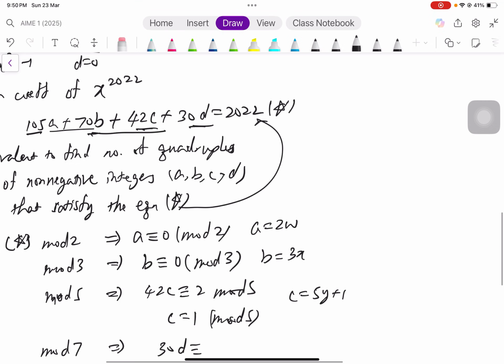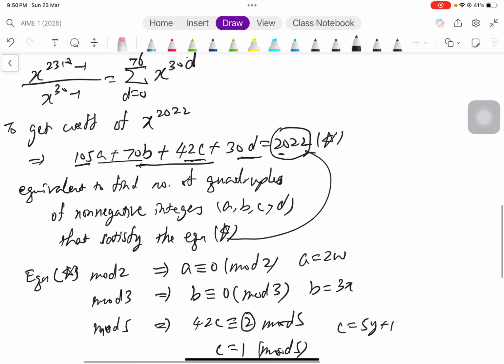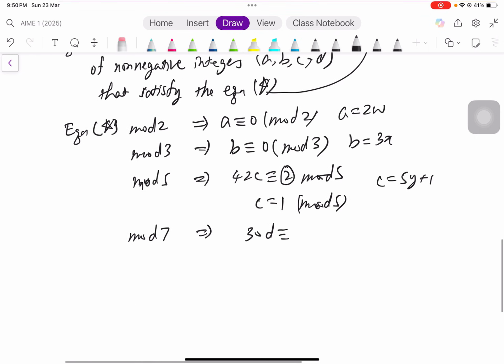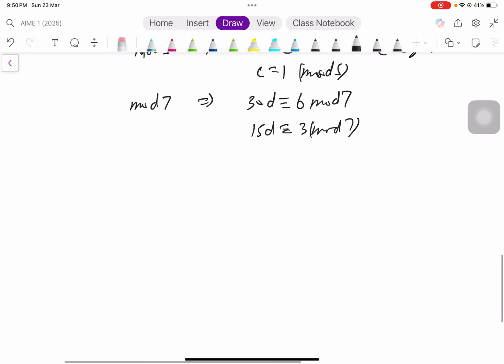Sorry, 2022 mod 5, the remainder is 2, therefore this part has remainder 2. And when 2022 is divided by 7, the remainder is 6, therefore it is 6 mod 7. Therefore 15d is congruent to 3 mod 7. And then in this case, can you see that your d would have to be 3?